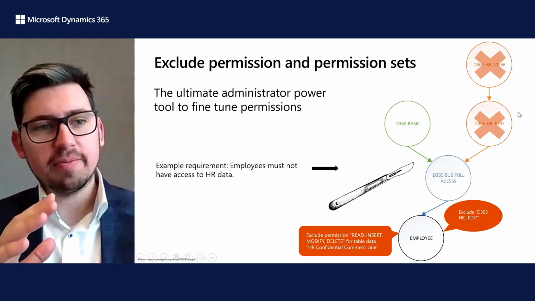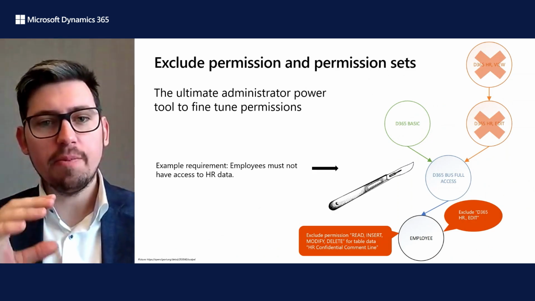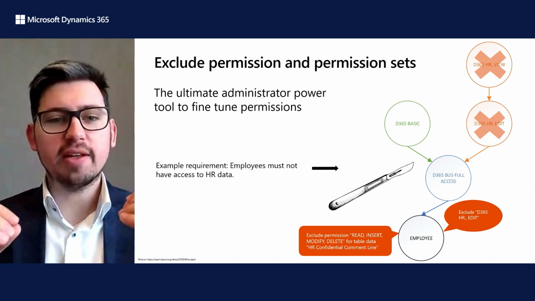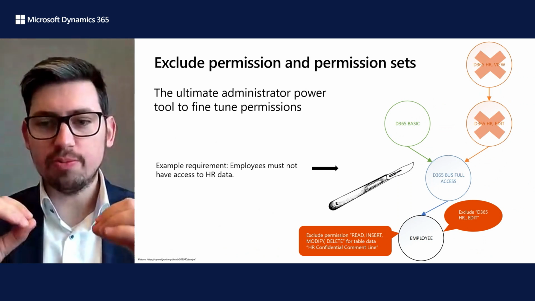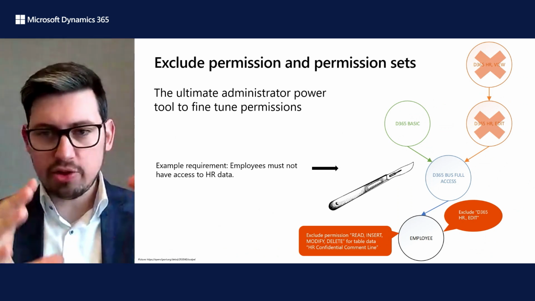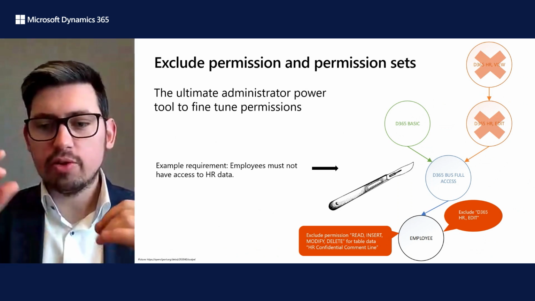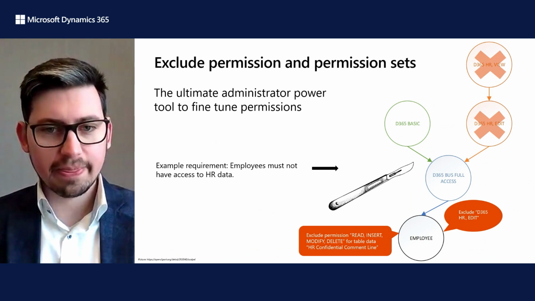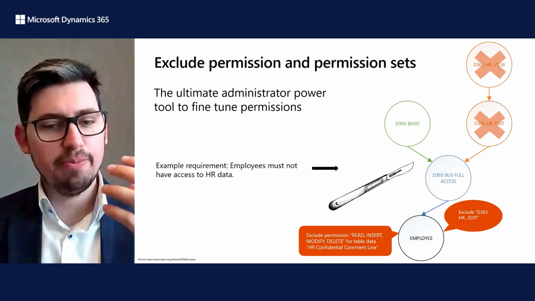So what does this mean? Excluding permissions and permission sets is the ultimate administrator power tool to fine-tune permissions. Because at any level of the permission tree, you can decide to exclude a permission set or a set of permissions.